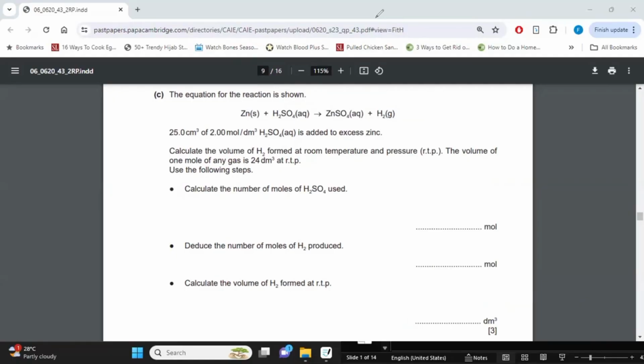Miss, what was the answer for the last question? 1.2 dm cube. I will tell you exactly how we're deducing the mole ratio. 1 second.